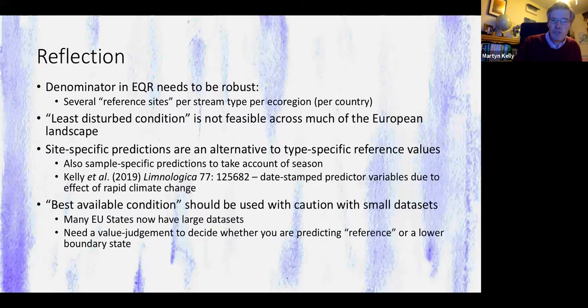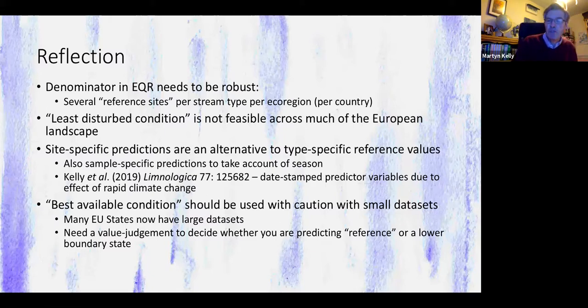So best available condition, I still think you should be using it with caution, especially with small data sets. But the state we're in now, after 15, 20 years of monitoring, is that many EU states have got quite large data sets, so it is worth revisiting. And what I didn't say above is that if you use best available, then you need to accompany it with a value judgment to decide whether you really are predicting reference or whether you're actually better off predicting a lower boundary state.